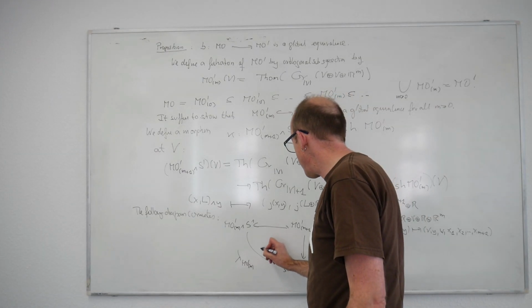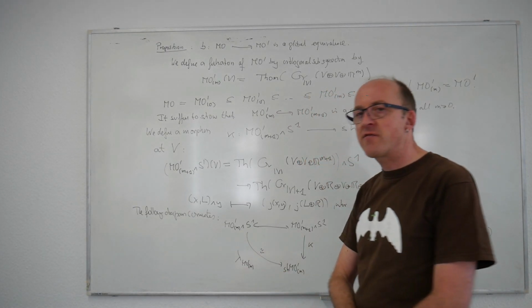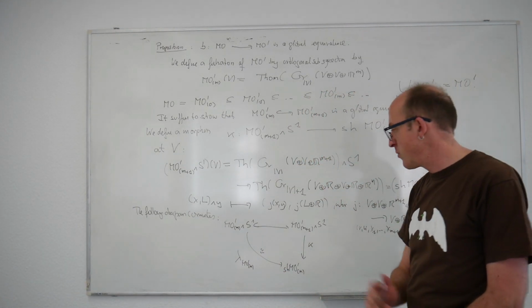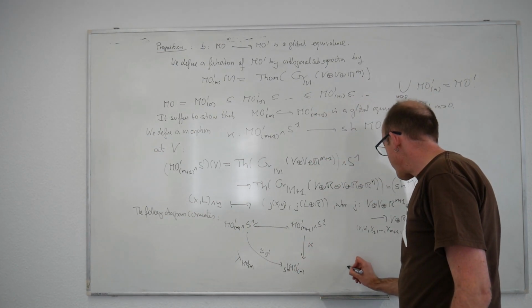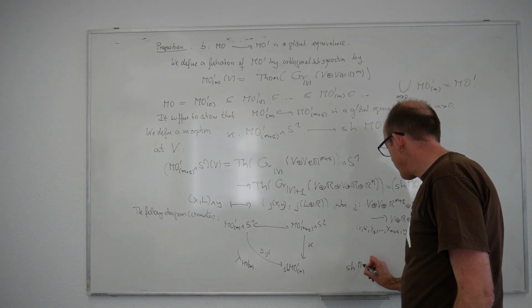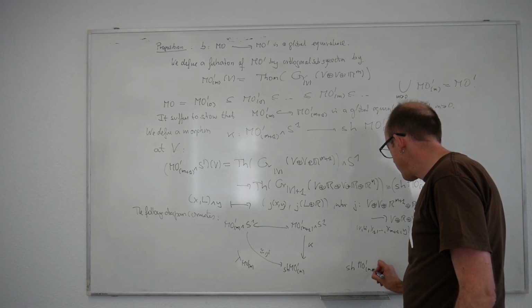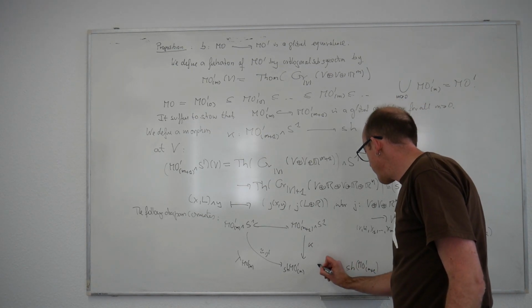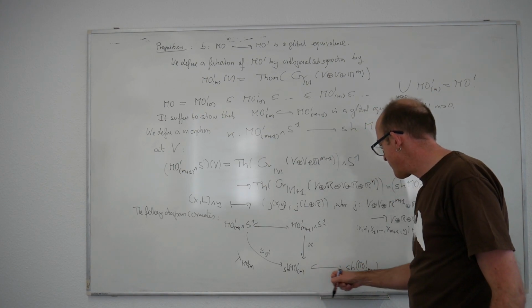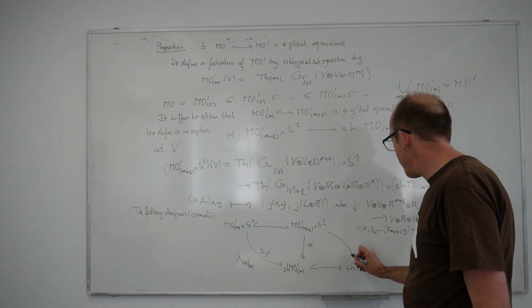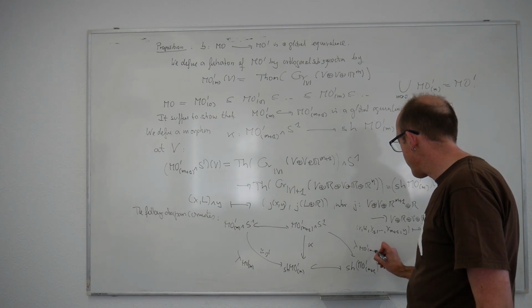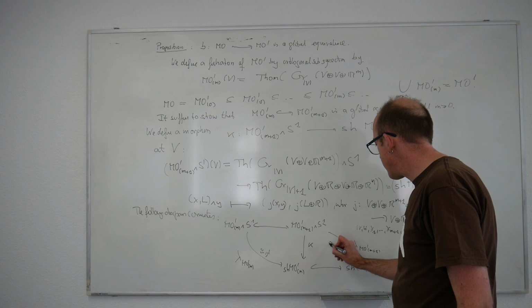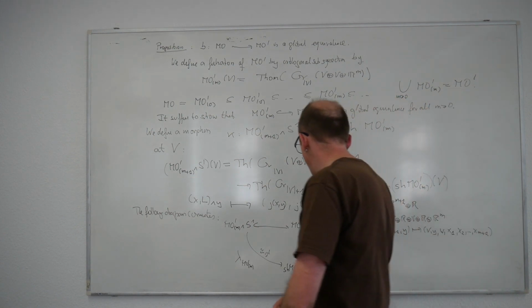And something I used before and where I gave you a reference earlier is that this is always a global equivalence. Down here, I can put the shift of MO prime M plus 1 and the inclusion here. This is a subspectrum of this. And here I can put the other lambda map, the lambda map for MO prime M plus 1, and this too is a global equivalence.